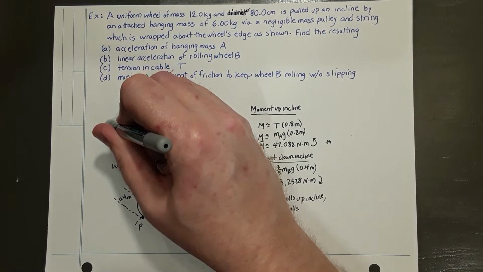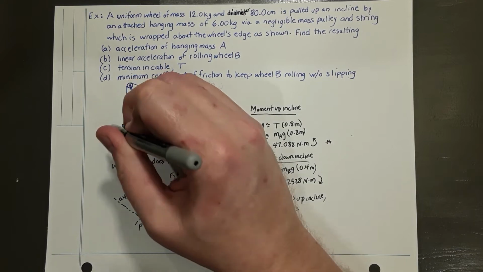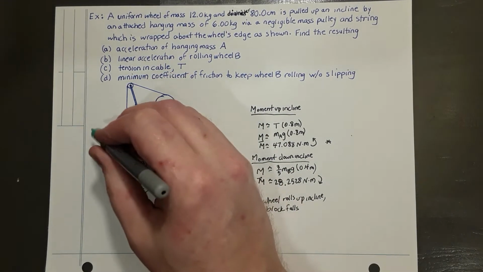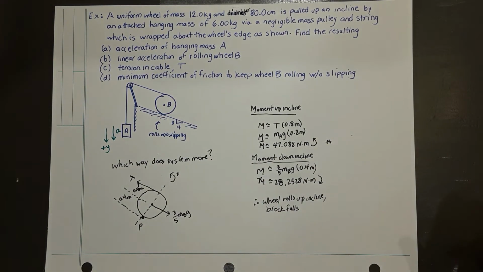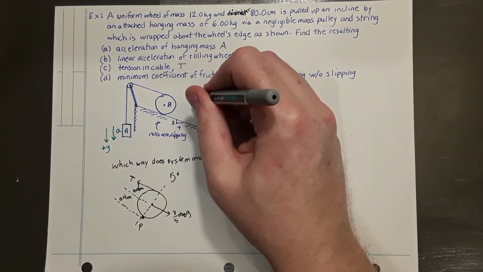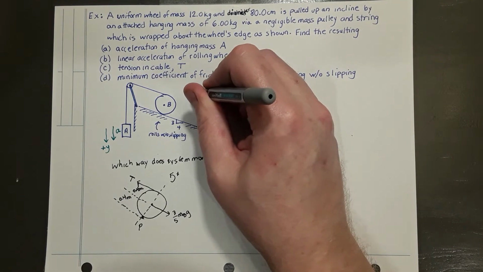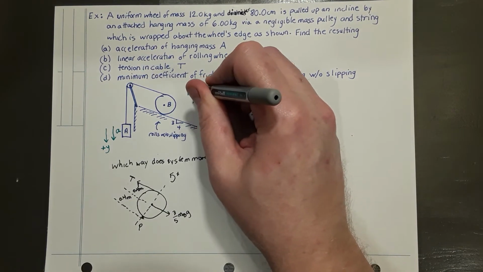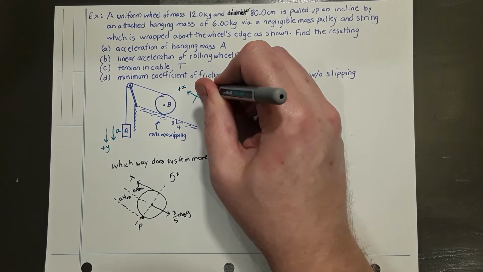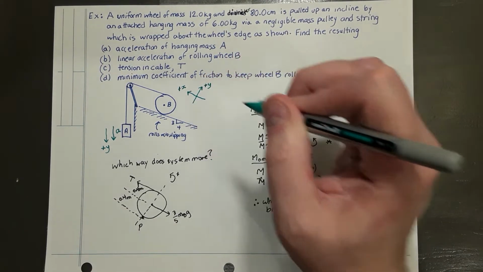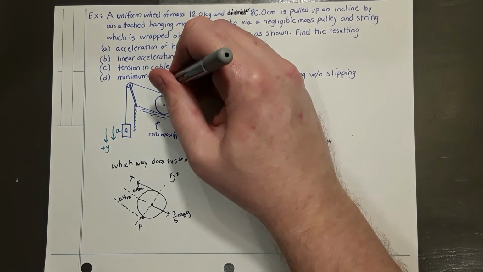So I'm going to label its acceleration a, lowercase a, as downward, and I'm going to choose the positive direction for my y-axis for that block to be down as well, to align the acceleration with my positive direction. And for the wheel, as it goes up the incline, I'm going to choose positive x up the incline and positive y perpendicular to the incline.